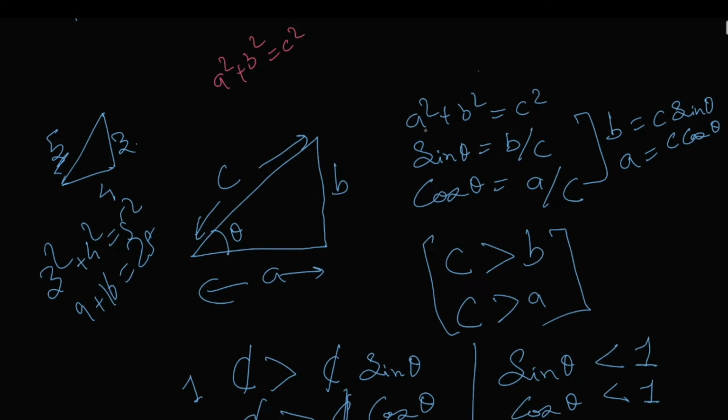Now if I replace a with what? C cos theta, and b with c sin theta. So if I replace a with c cos theta, it becomes c cos theta whole square, plus b. What is b? C sin theta. C sin theta whole square is equal to how much? C square, which is here.